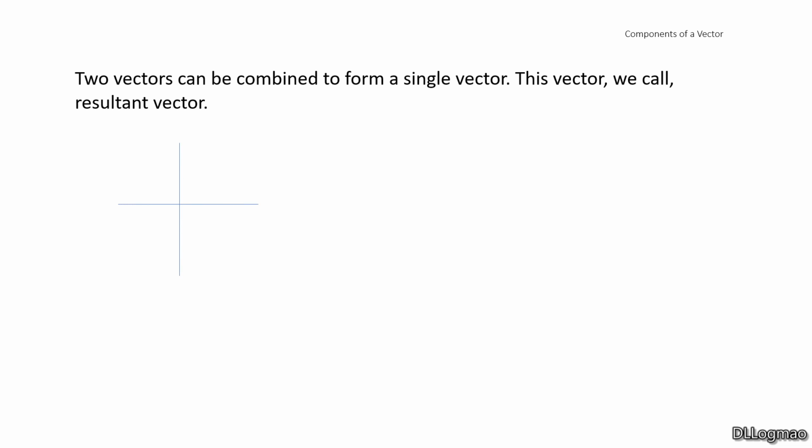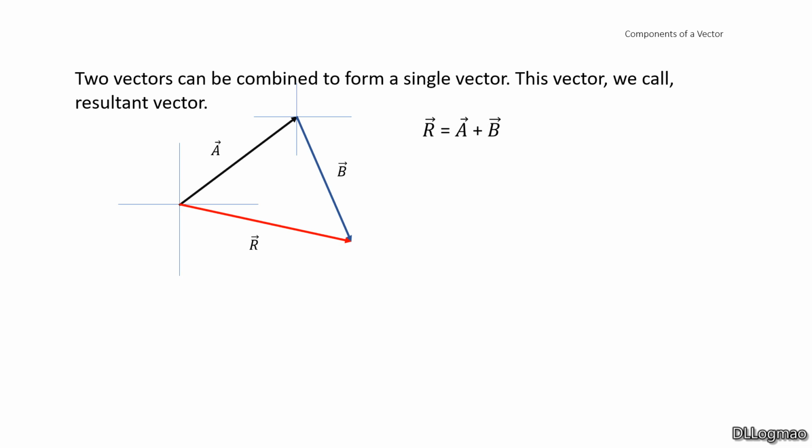Say this vector A is added to vector B, and the resultant vector is vector R. We use vector equation: vector R equals vector A plus vector B. This means vector R contains vector A and vector B.